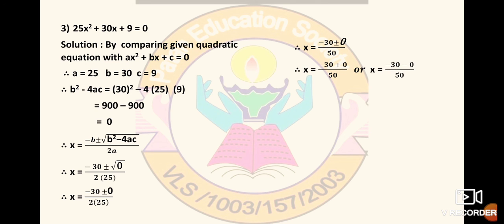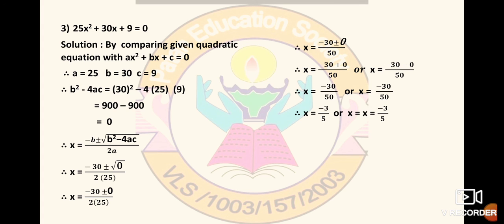Separately, minus 30 plus 0 upon 50, or the second value you can get, minus 30 minus 0 upon 50. Now if you see, even if you add 0 or even if you subtract 0 from negative 30, the answer will remain negative 30 itself in the numerator. So x is equal to negative 30 upon 50, or x is equal to, again the same answer, negative 30 upon 50.